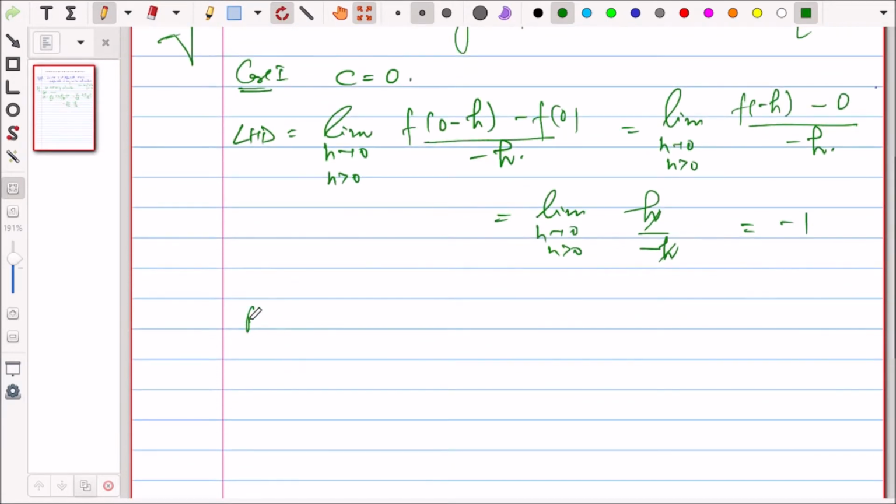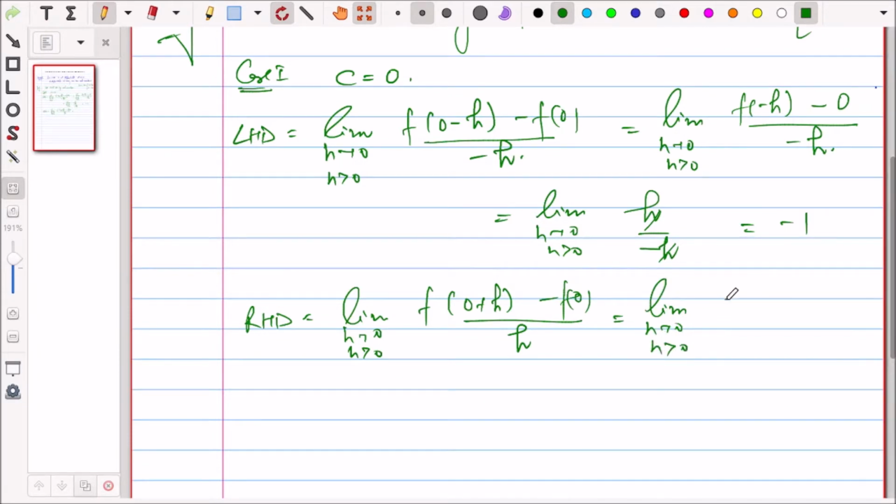Now RHL: again limit h tends to 0, h positive, f of (0 plus h) minus f of 0 upon h. So this is limit h tends to 0, h positive, f of h minus 0 upon h.